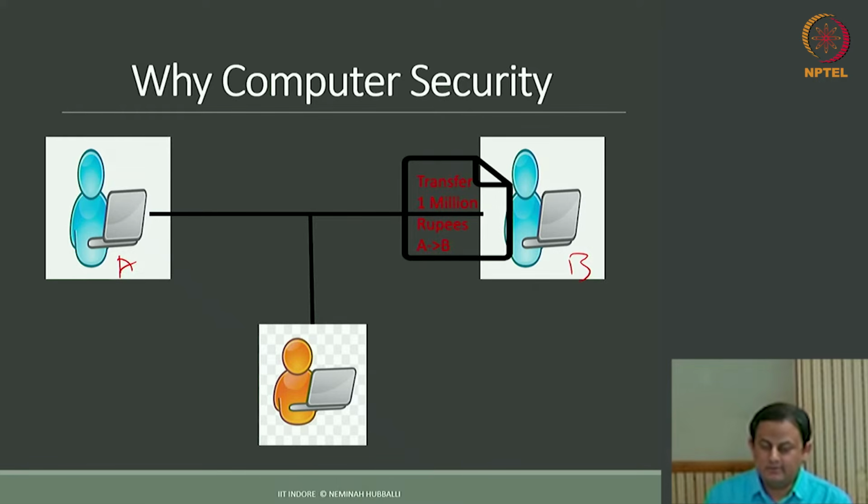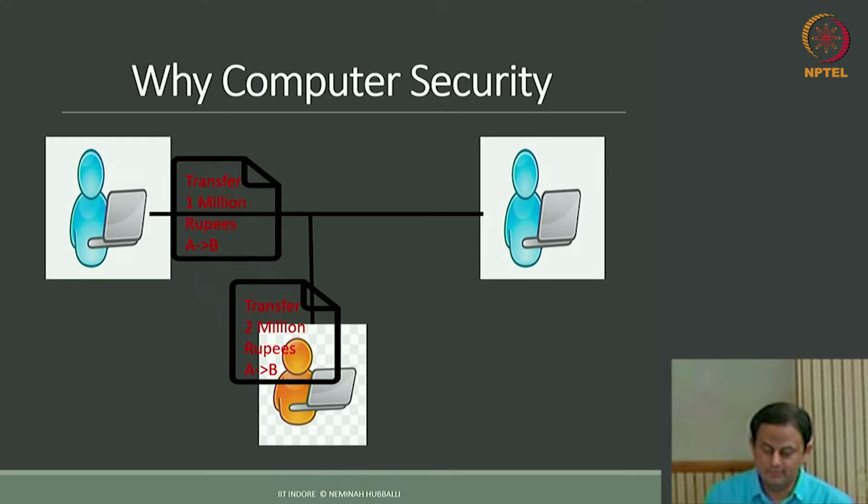But what can happen is, because this file is transferred over the network, there are a lot of intermediate nodes, maybe routers, switches, other kinds of computers which are connected to that network. Some of the intermediate nodes might do mischievous things.